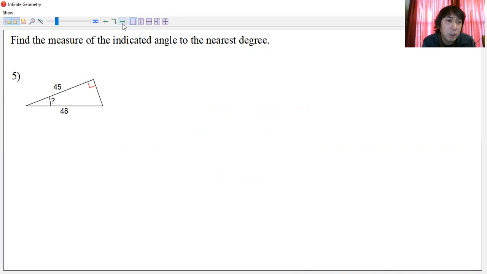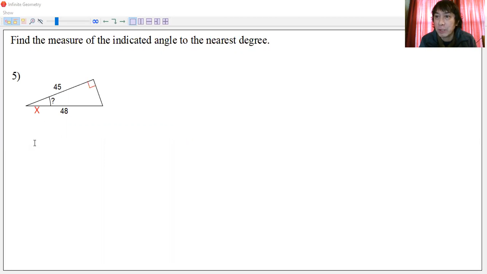Again, examining the diagram, we have this as the angle X. And then what we have here is the hypotenuse 48 and the adjacent side 45. We don't have the opposite side of the question mark angle. So that means we have adjacent and hypotenuse.